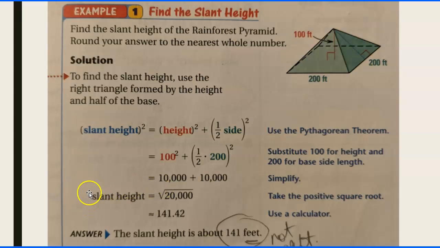So we would have slant height equals the square root of 20,000, and then you would have to do the math using a calculator. It points it out, and it's going to come to about 141 feet. So that is how you find the slant height. That's the example for this one.